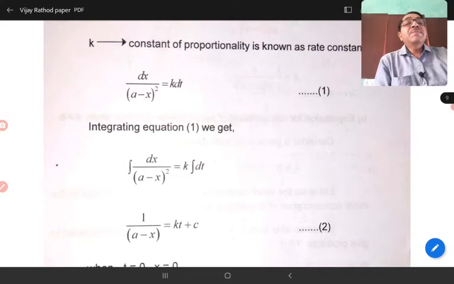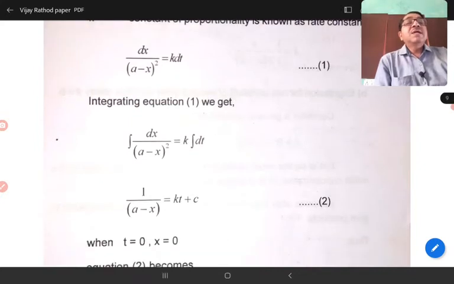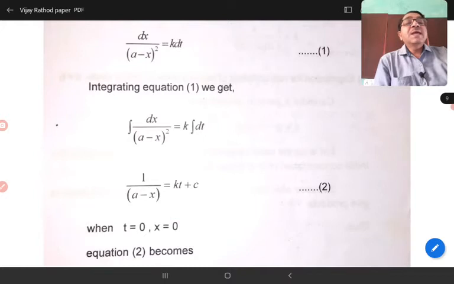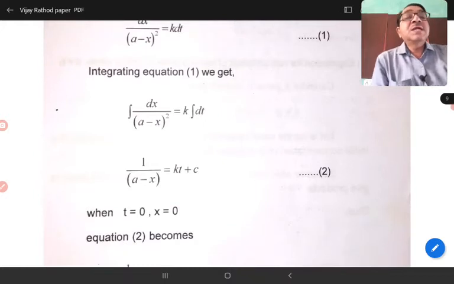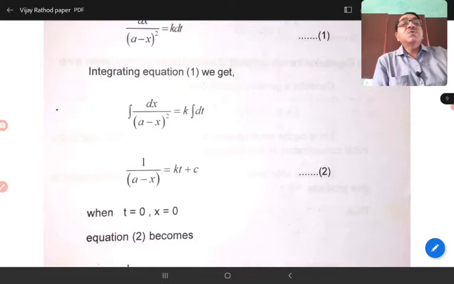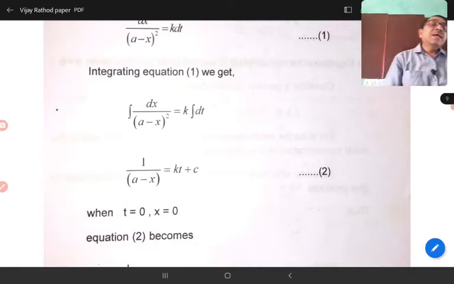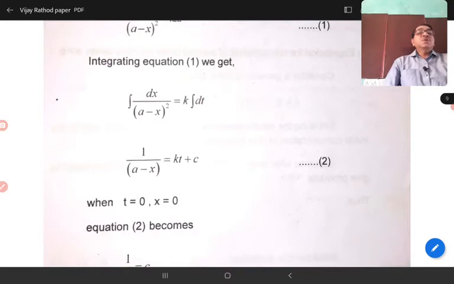After integration, we get 1 upon a minus x is equal to k into t plus c, which we can label as equation number 2.